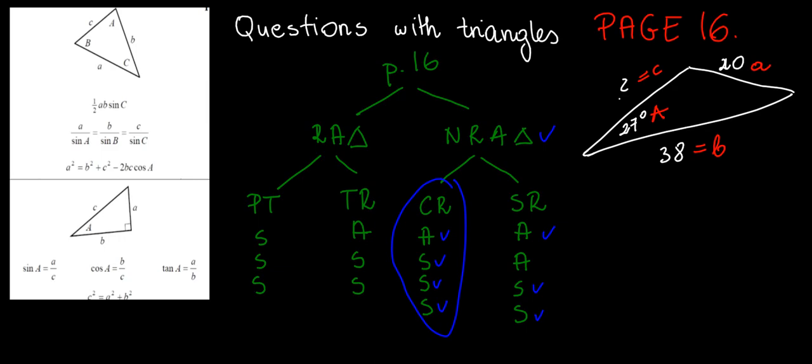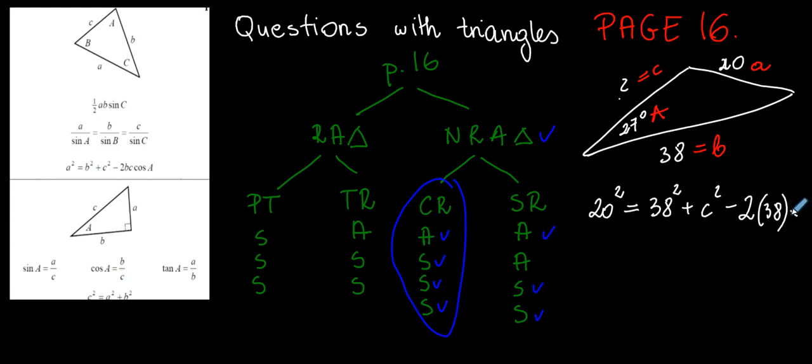So again, in the next part, I just have to put the numbers in place of the letters. So my a is what? 20. So that will be 20 to the power of 2 equals. My b is what? 38. So it will be 38 to the power of 2 plus c squared, where c is the one I'm looking for, so we can leave it as c, minus 2 multiplied by what? b. b again is 38.